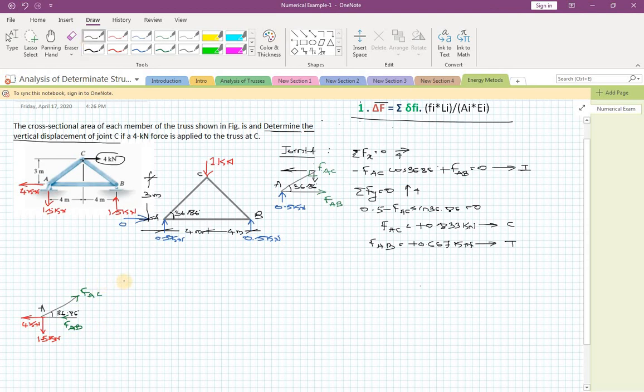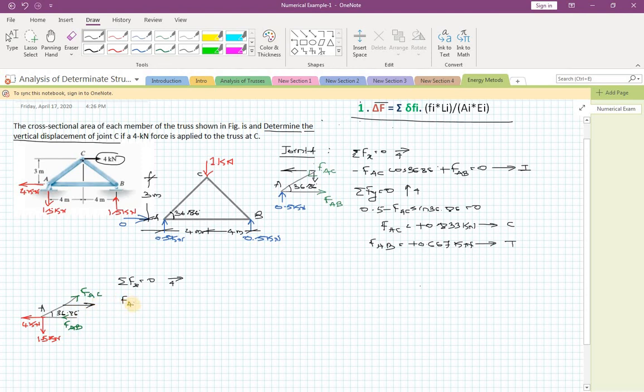Okay, now first let me apply summation of Fx equal to 0, and my sign convention is all the forces in this direction as positive. FAC is inclined, so the horizontal force will be like this.